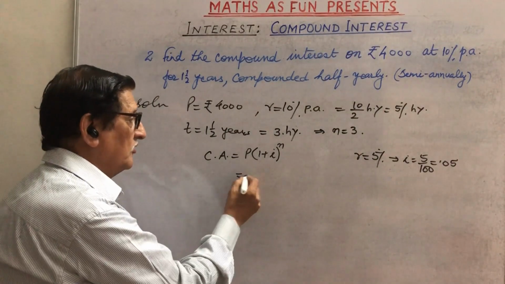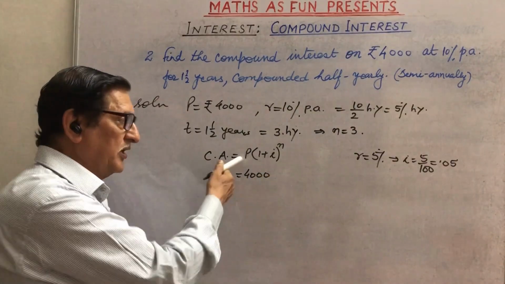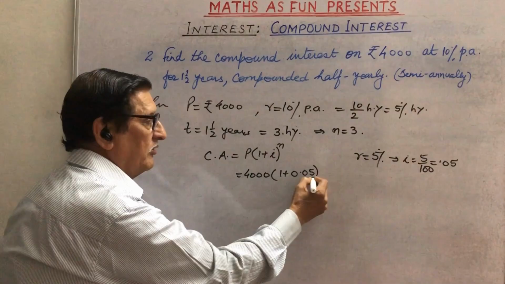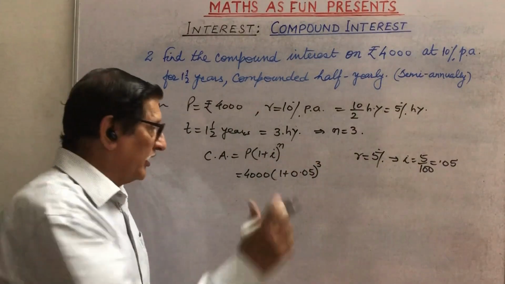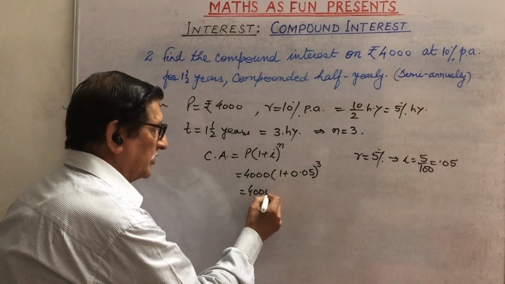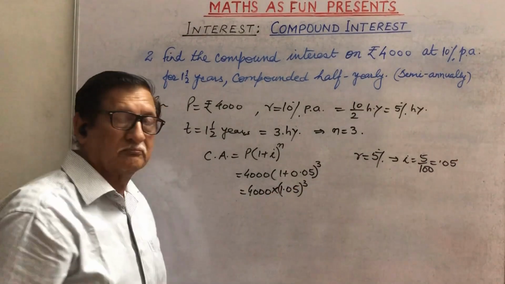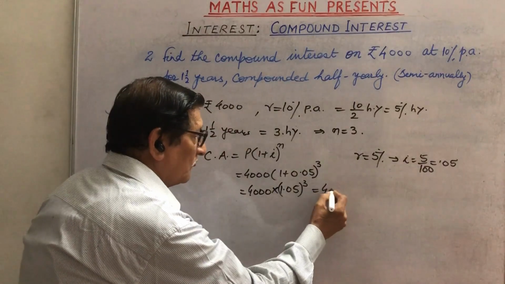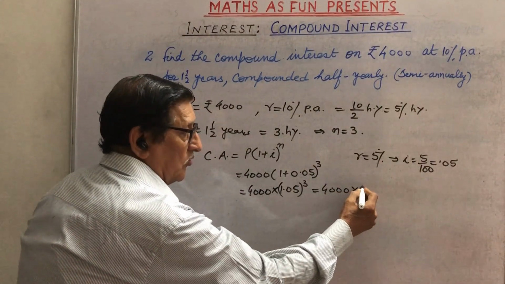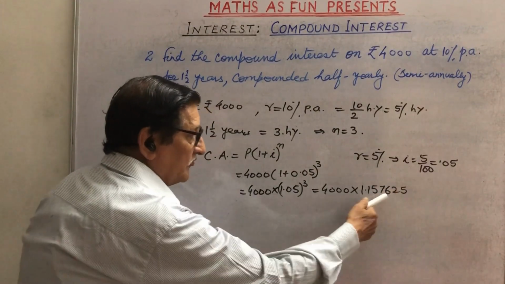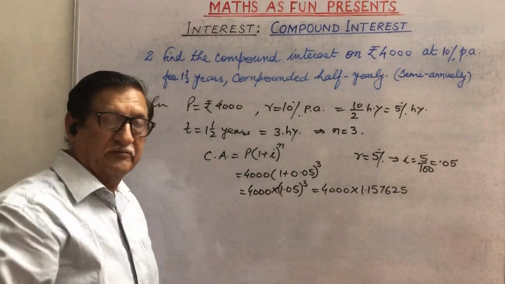Applying this here, we find this is 4,000, which is P, into (1 plus 0.05) whole power 3. That is equal to 4,000 into 1.05 whole cube, which is equal to 4,000 into 1.157625, which is the cube of 1.05.